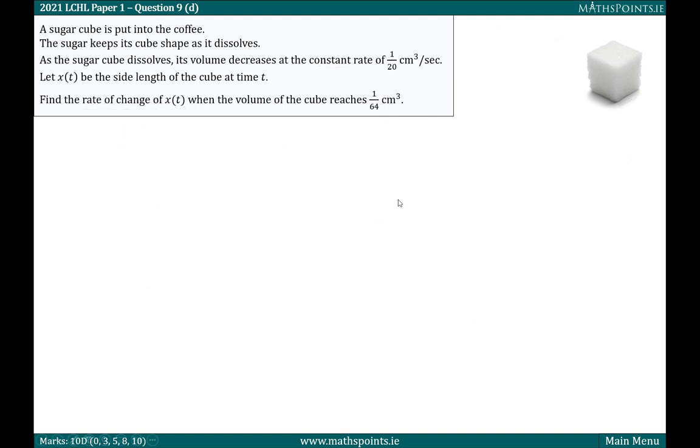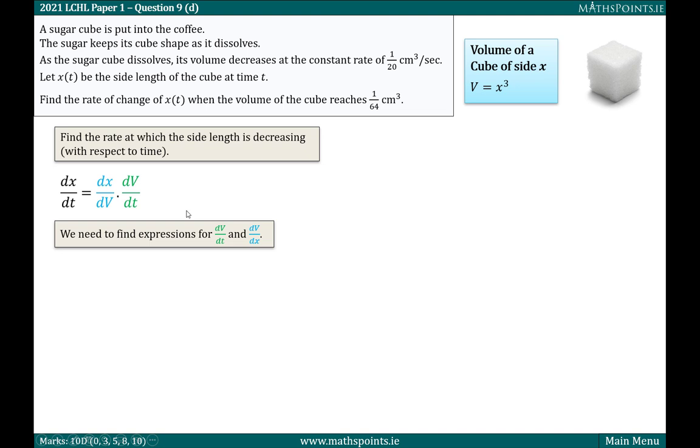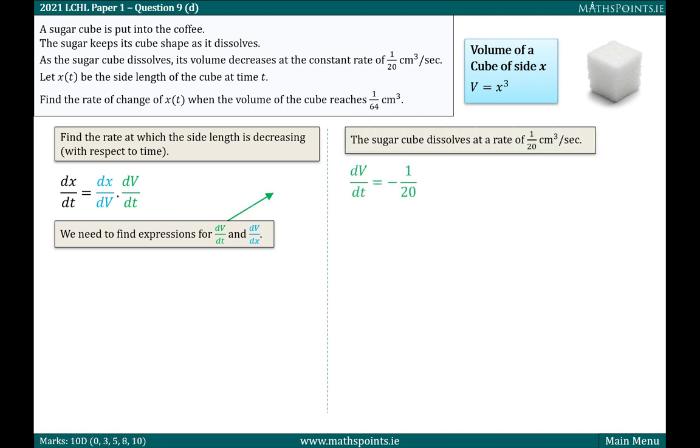So just to summarize it again, maybe a little neater, the volume of a cube is equal to x cubed. We need to make a formula for the rate of change of x with respect to t. We can do that by breaking dx dt up into dx dV times dV dt. We've been given dV dt in the question, so dV dt is the rate of decrease of the volume of the cube with respect to time, which is minus 1 over 20.